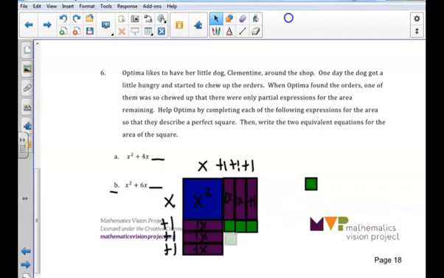As you notice, 3, 6, and we will need 9 constant squares added to the bottom to complete this square. Therefore, our equivalent expression should be x squared plus 6x plus 9.